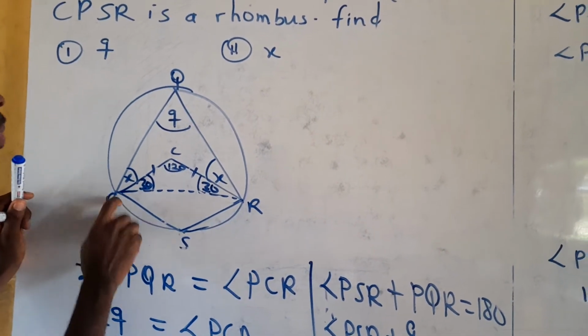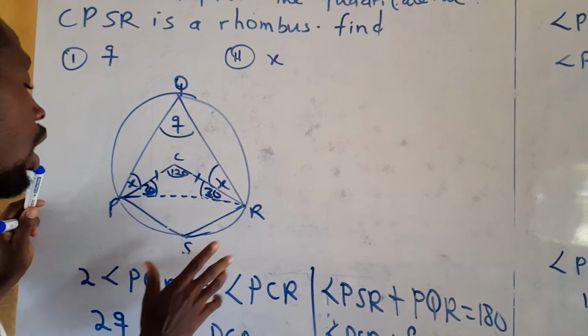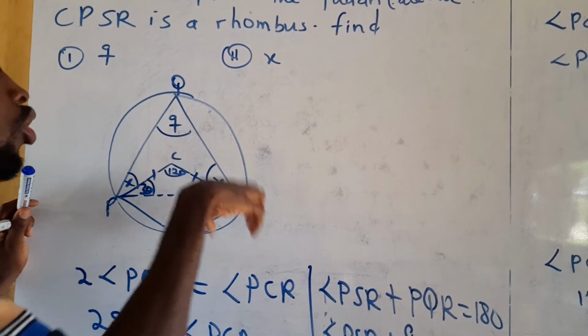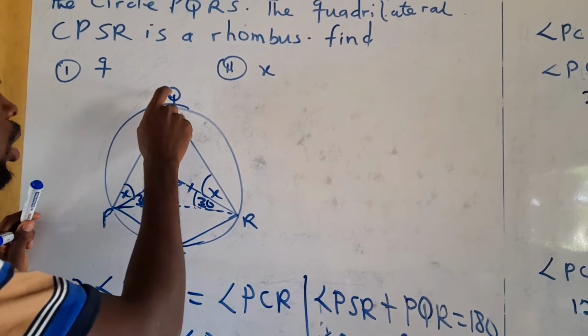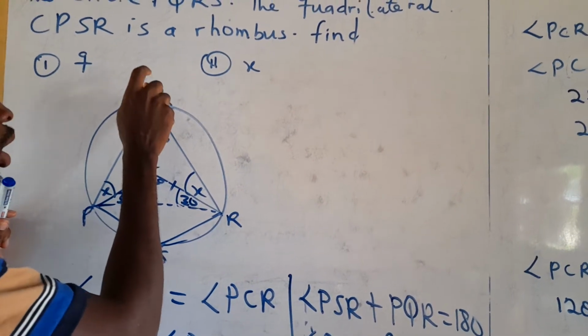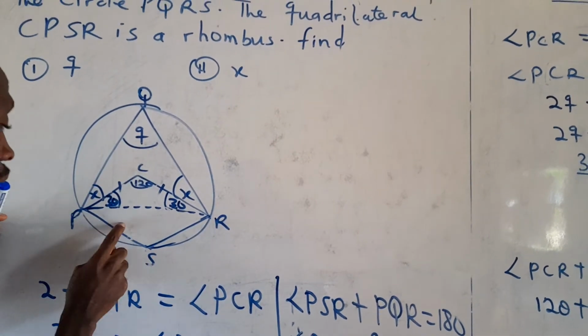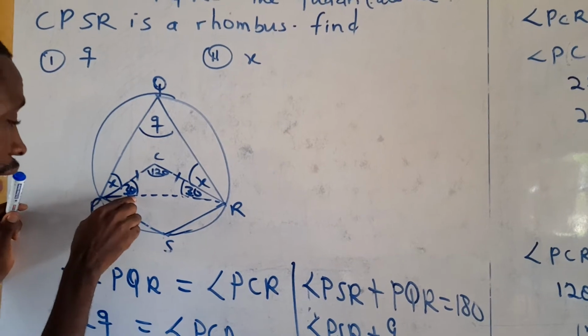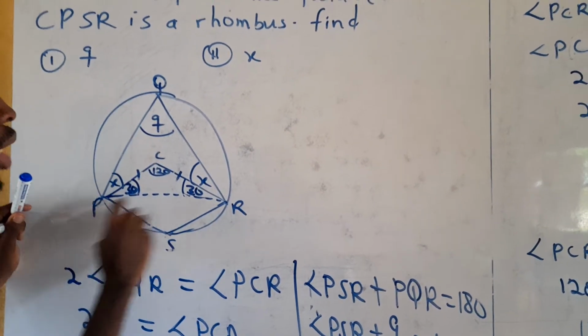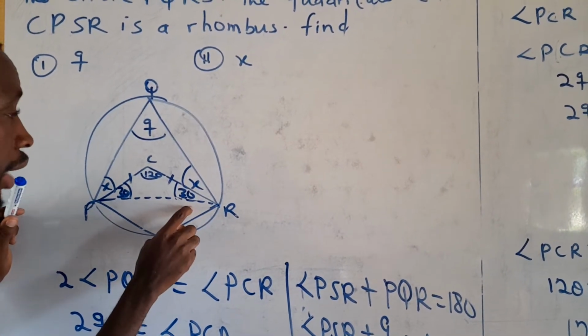Remember, PQR is a triangle. Then the sum of interior angles of that triangle will be equal to 180 degrees. That's angle QPR, the whole of this angle. Remember, QPR will be x plus 30. Then angle PRQ, another x plus 30.